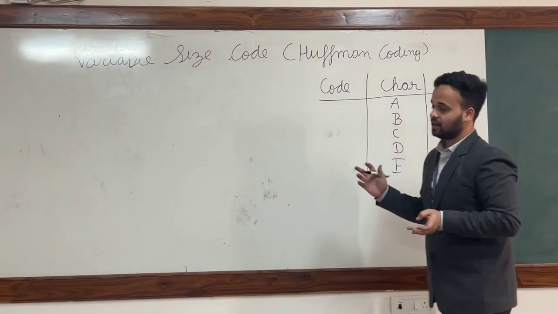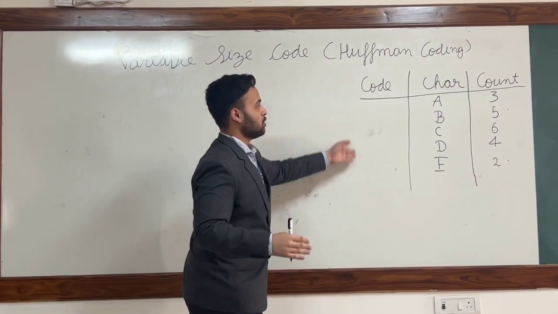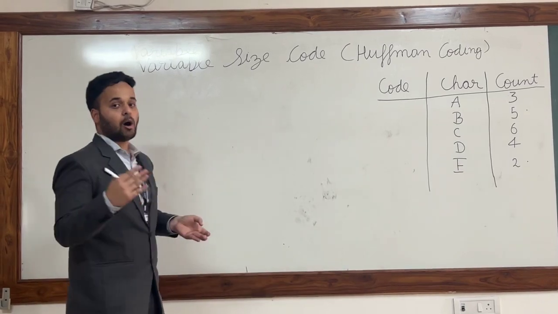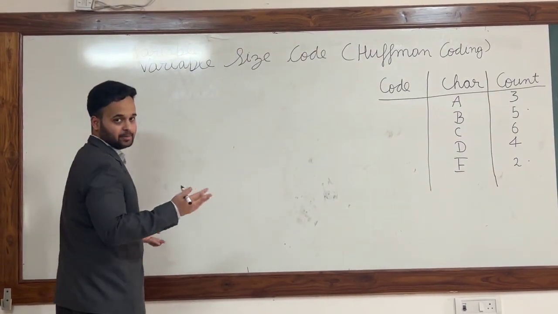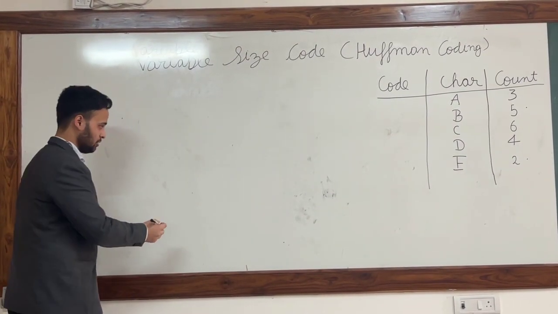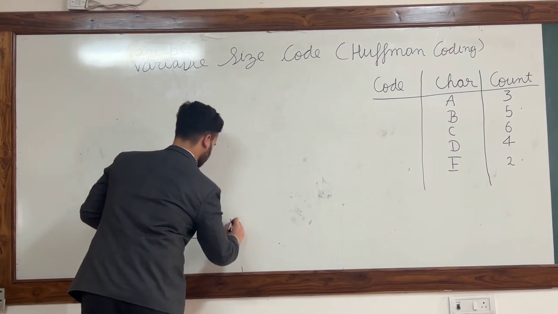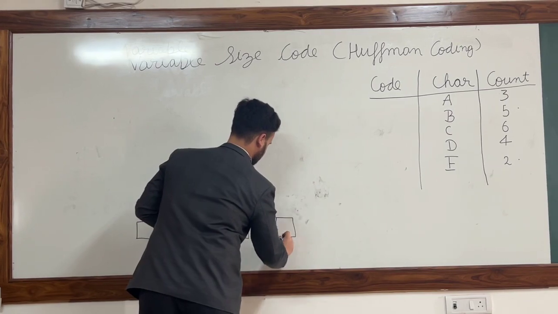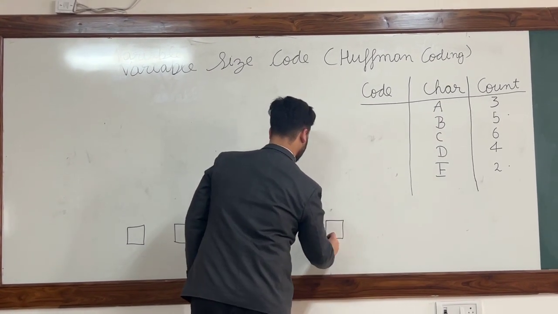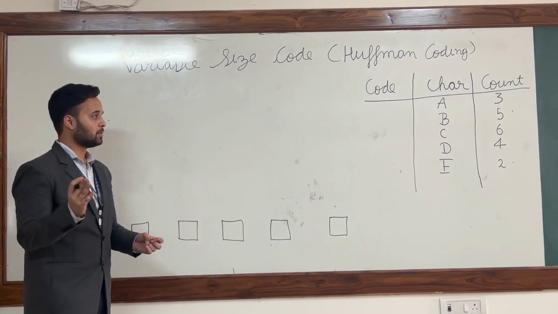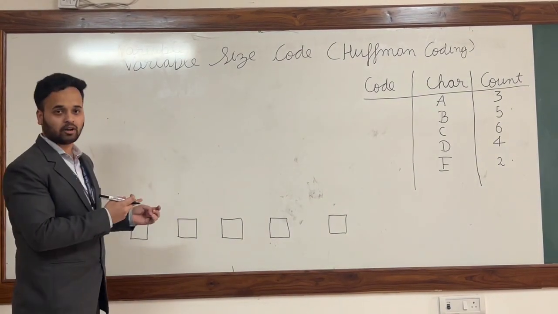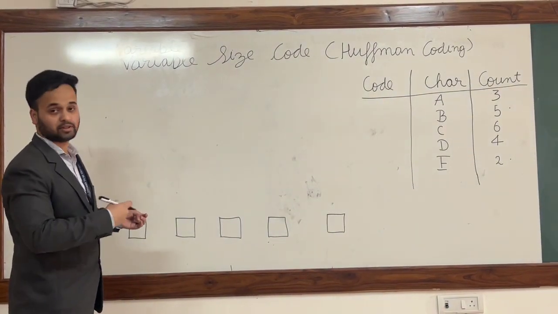So now we will find the code of each character using the optimal merge structure. Let me draw the tree. In an optimal merge pattern, we arrange all our characters in increasing order of their frequency.